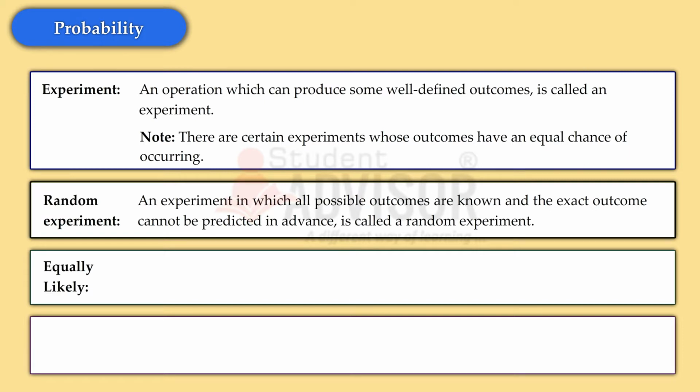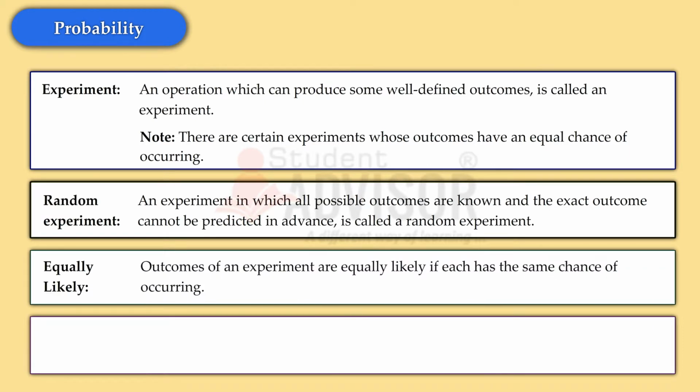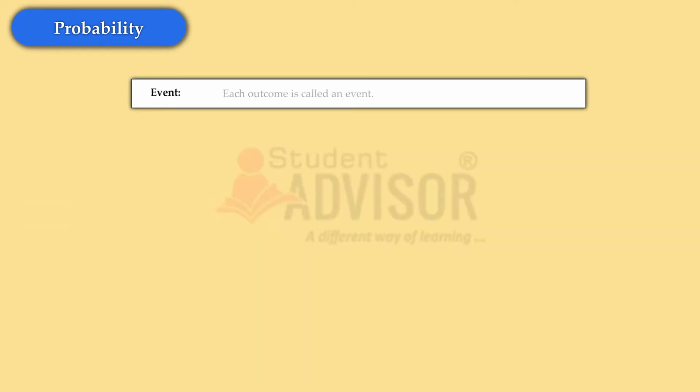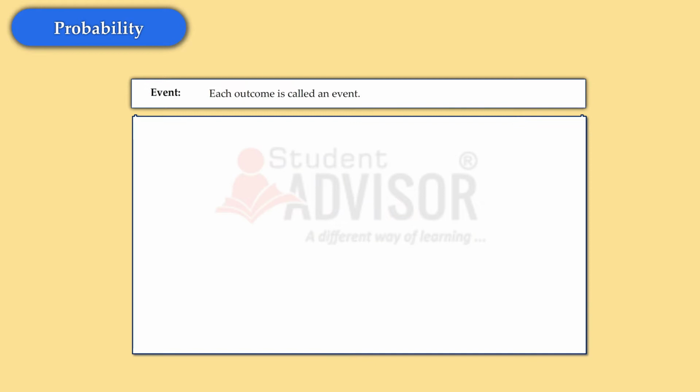Equally likely. Outcomes of an experiment are equally likely if each has the same chance of occurring. Trial. When we perform an experiment, it is called a trial of the experiment. Event. Each outcome is called an event.